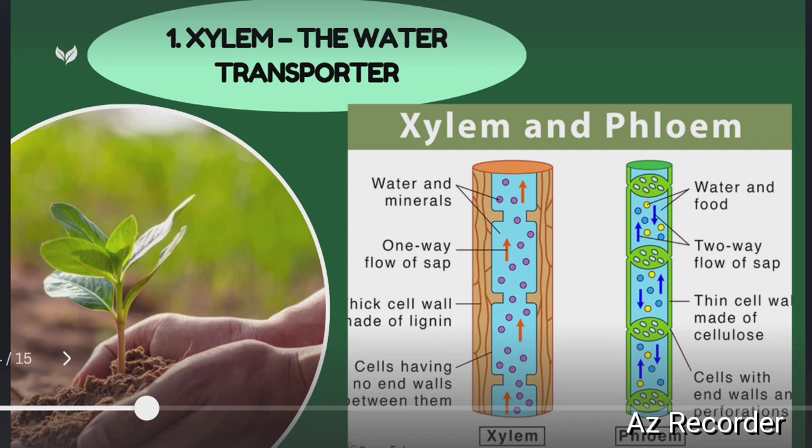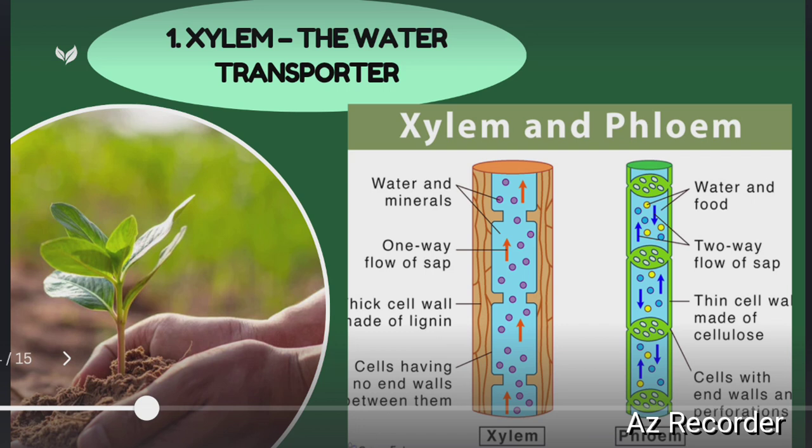What it carries is the food material, that is sucrose, from the leaves, because only in the leaves does the photosynthesis process occur. There the food material is produced in the form of sucrose. That is transported to all the parts of the plant including the roots.